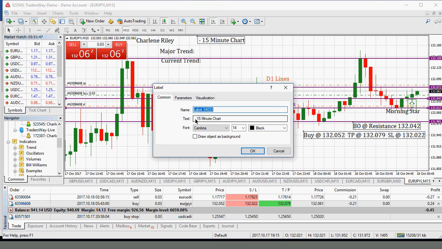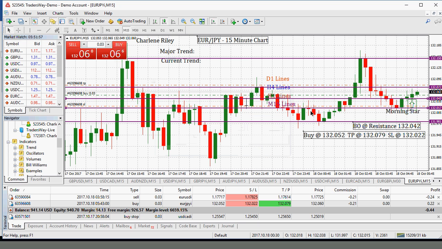So we have the Euro JPY, the major trend up and down between support and resistance zones, no definitive up or down.